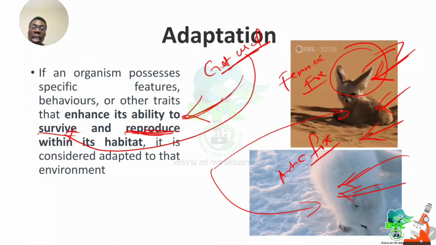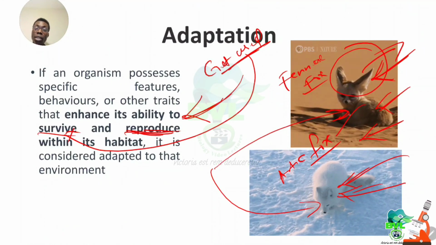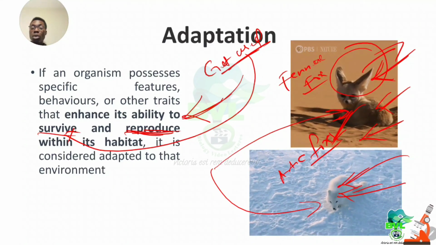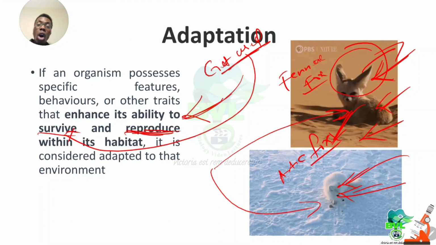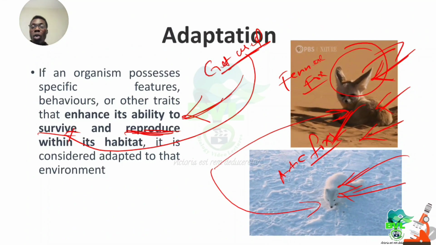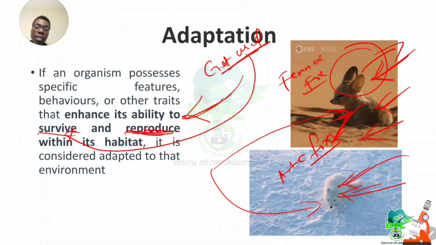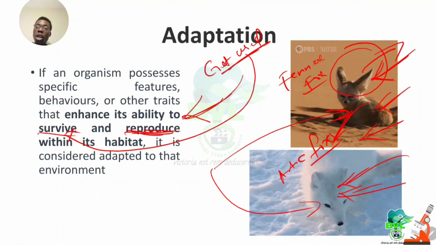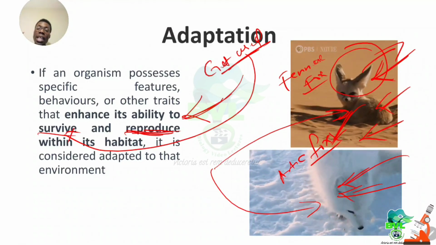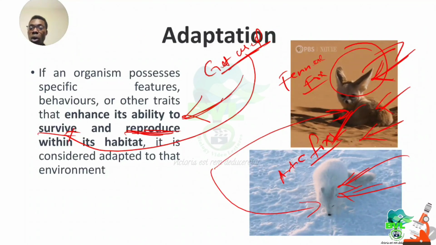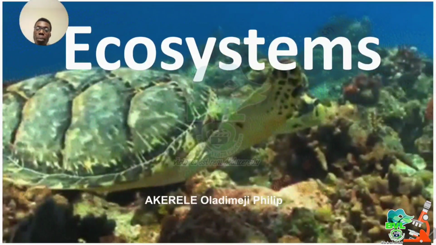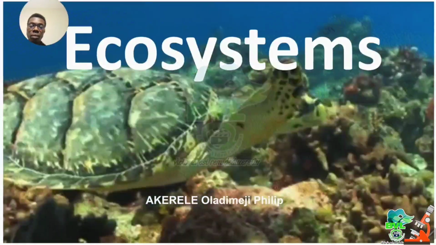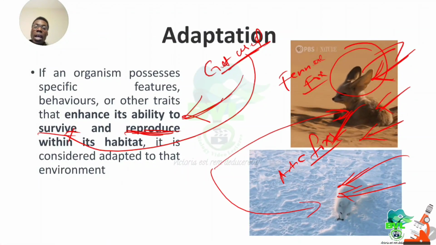Their color is quite close to the environment, to camouflage, so that they can escape being killed, or they can conceal themselves when they're trying to hunt for their prey. So 3 things I've mentioned here: the ear, the fur, and the color of each of them are good adaptive features for the organisms.